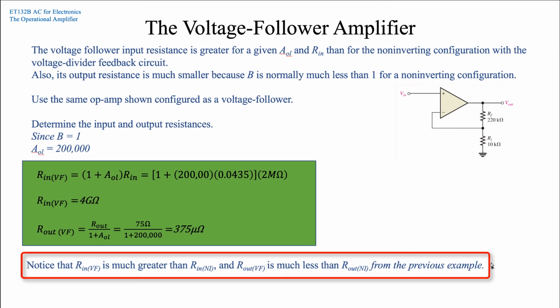Notice that the input resistance of the voltage follower is much greater than the input resistance of the non-inverting amplifier. The output resistance for the voltage follower is much less than R_out non-inverting from the previous example. So the voltage follower.